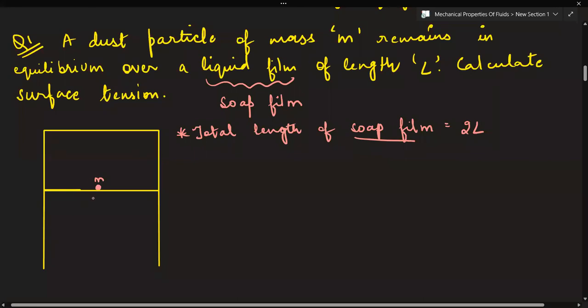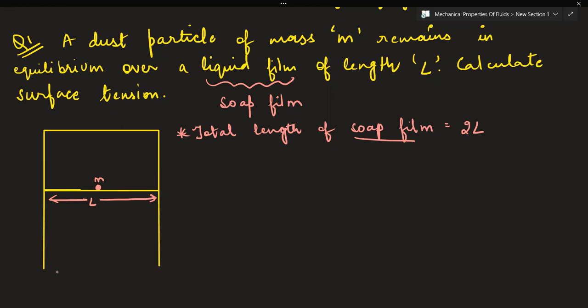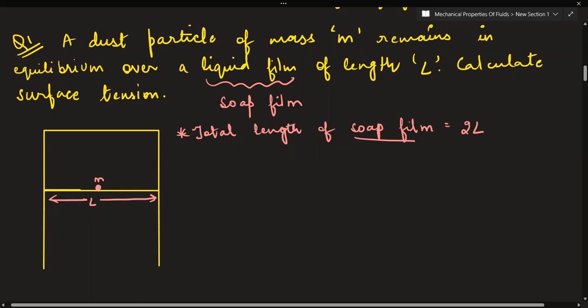Now, if this is length L, L is the length of this soap film. Can you tell me what force is acting on this dust particle? mg, acting in the downward direction. If F is the force acting on it and mg is downward, the particle remains in equilibrium, so F is equal to mg.